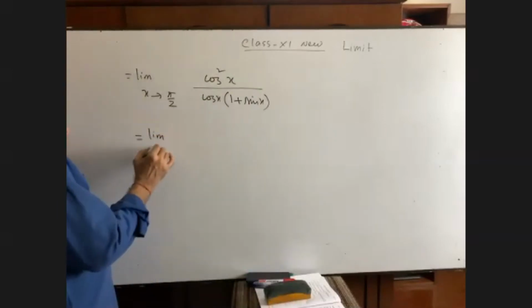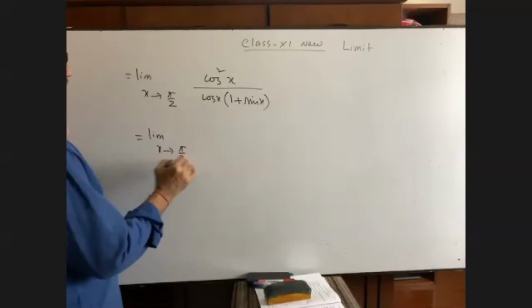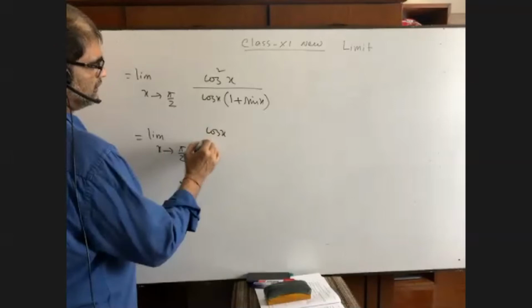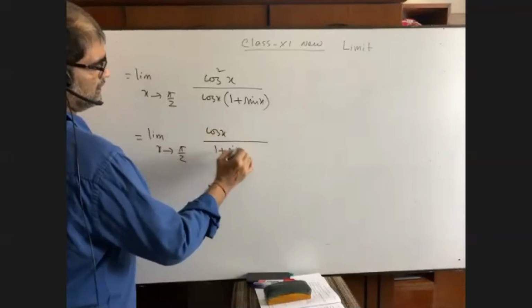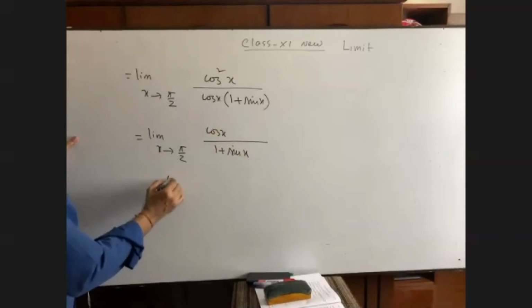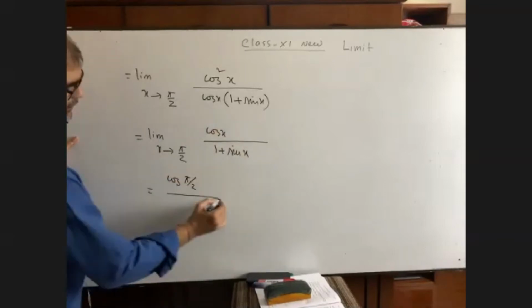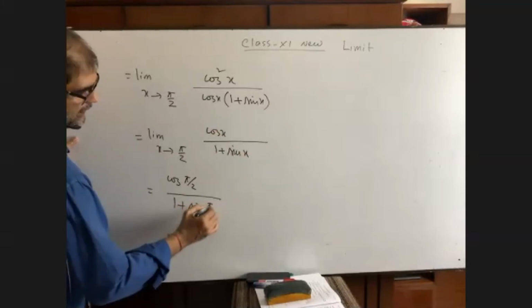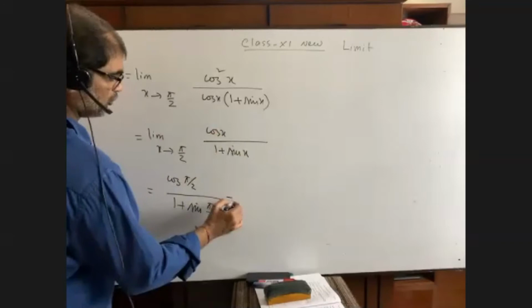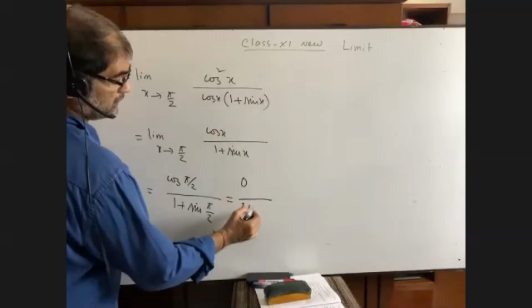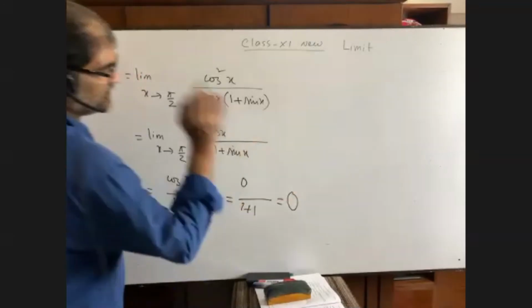So limit x tends to pi by 2, it is cosine x over 1 plus sin x. Now we put the value: cosine pi by 2 by 1 plus sin pi by 2. Cosine pi by 2 is 0, 90 degrees 0. It is 1 plus 1. So answer is 0. This is the other way.